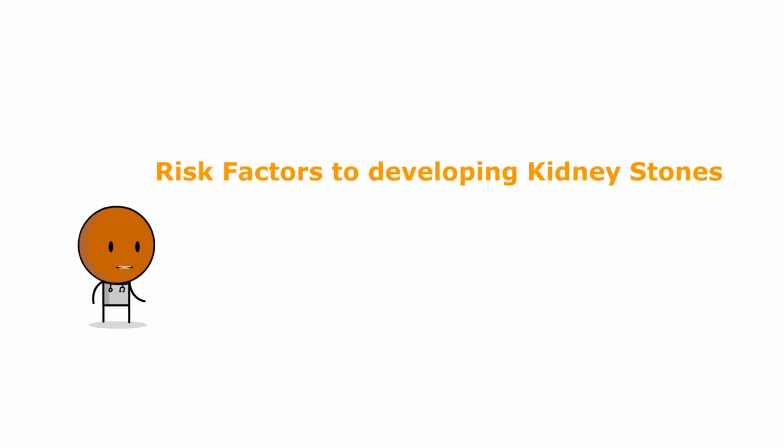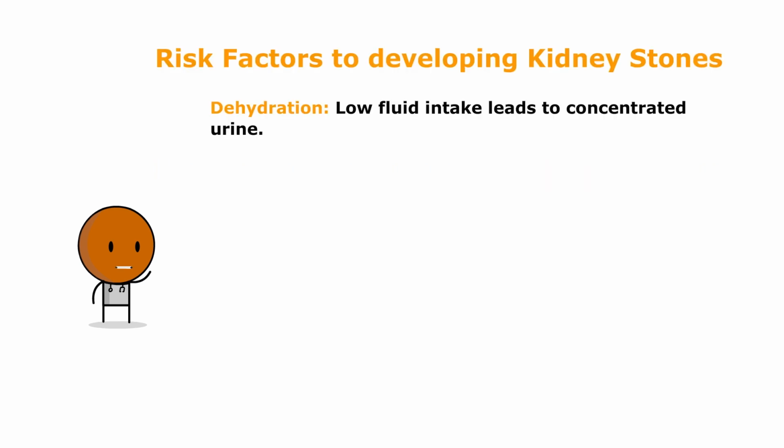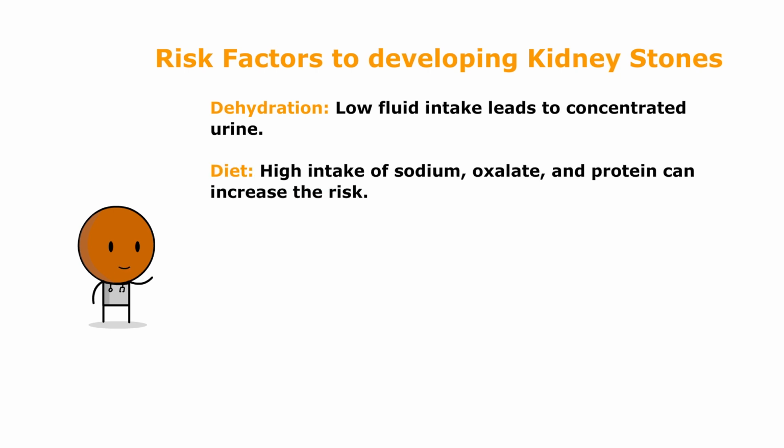Now, the risk factors. Several risk factors contribute to the development of kidney stones, including dehydration: low fluid volume intake leads to concentrated urine. Diet: a high intake of salt, oxalate, and protein can increase the risk.